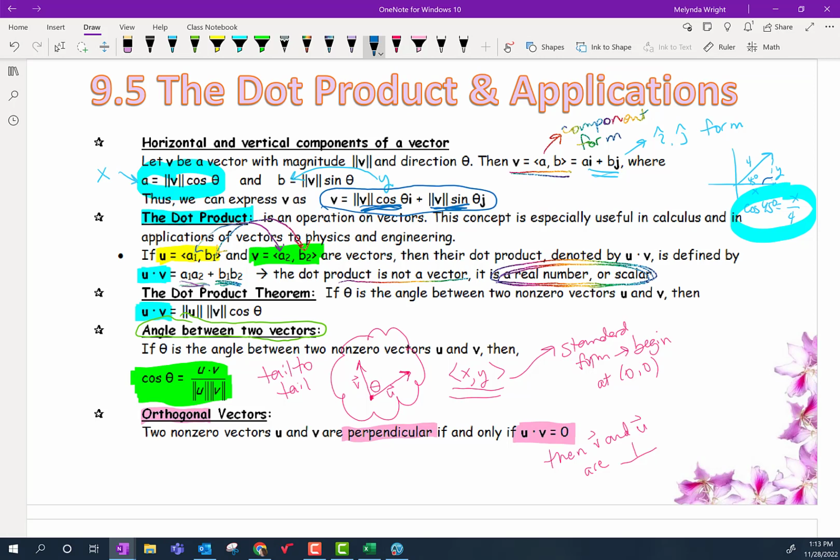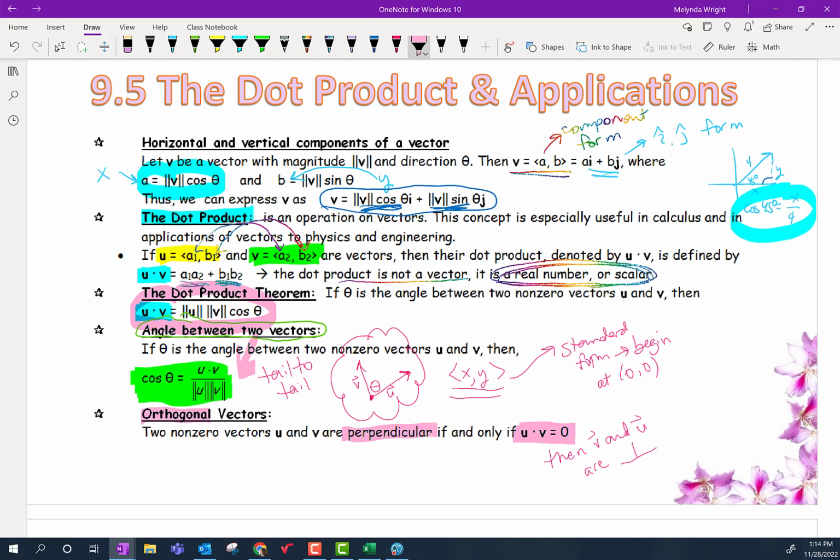So we see that we're going to use the dot product in two different scenarios. One is inside a formula, finding the angle between two vectors, and the other is to determine if two vectors are perpendicular. This dot product theorem is just a different version of that formula being written out.